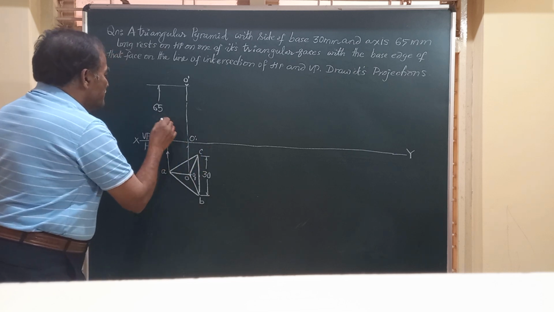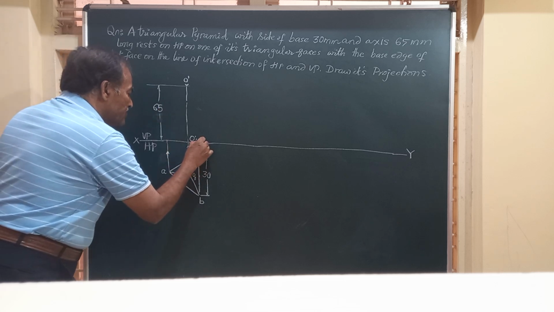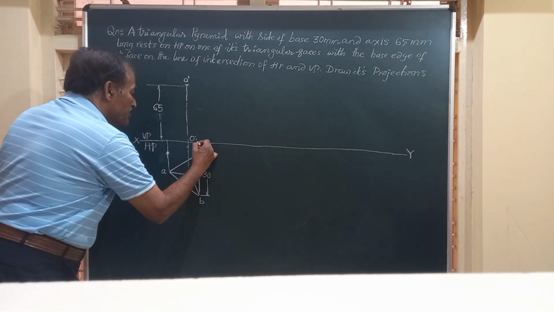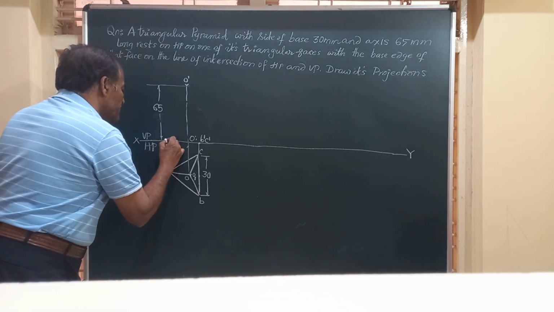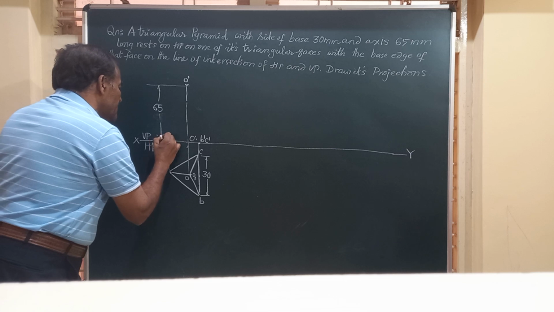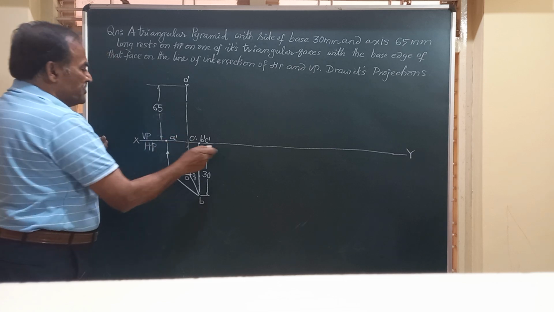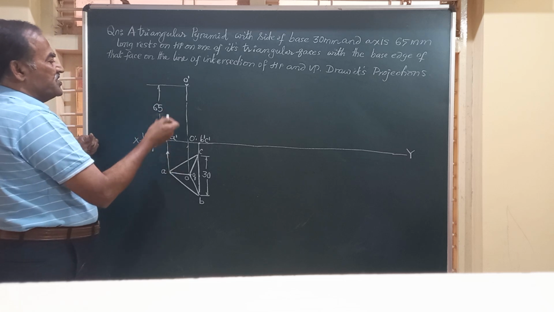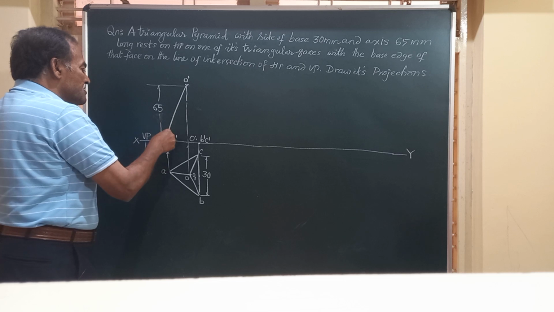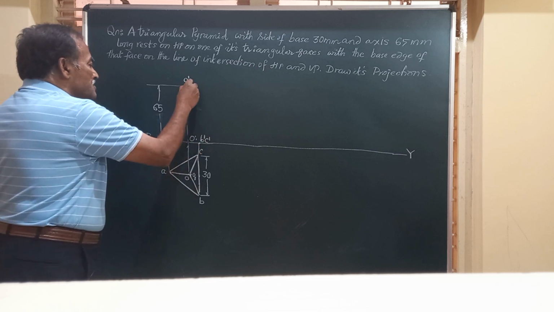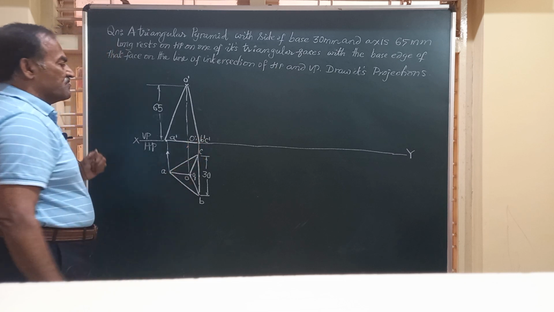So we are going to have these points B and C here. So this is B dash, C dash, this is A dash. This line A dash, B dash, C dash on XY represents the base of the solid in the front view. So I am going to join O to A, O to B, O to C, and this is the base of the solid.